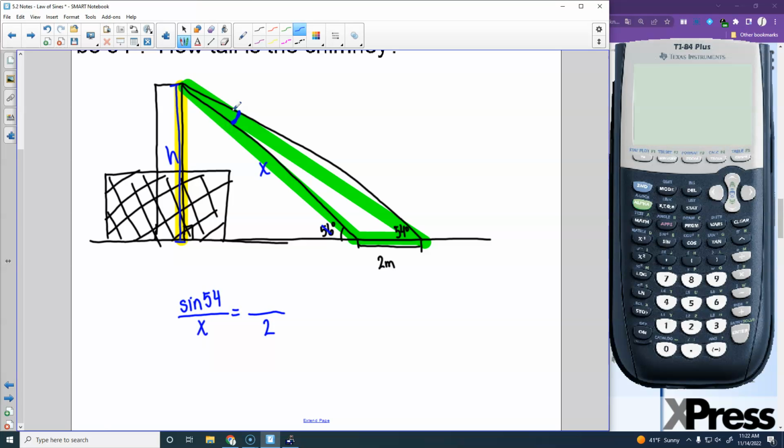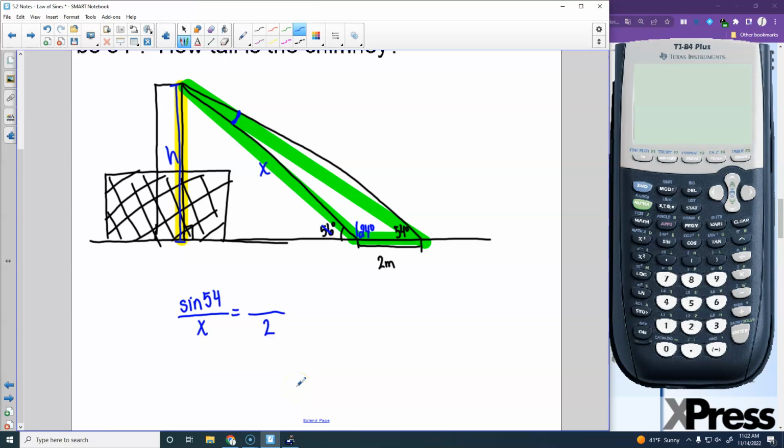How could I find it? I need to know that angle. Any ideas? Okay, these two angles right here make a straight line, so they should add up to 180. So we could do 180 minus 56, which is going to give us 124 right there.